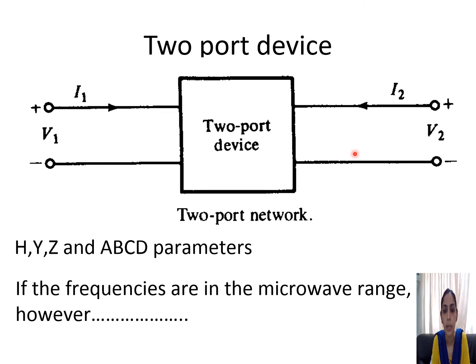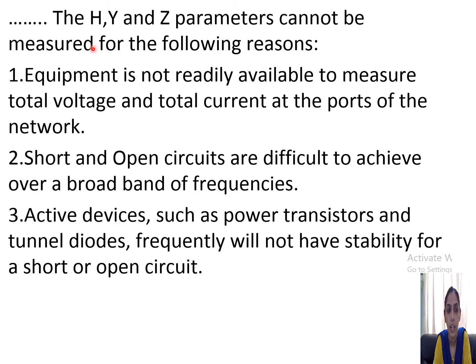This is applicable for lower frequency ranges. When the frequencies are in the range of microwaves, these parameters cannot be applied. The reasons are explained in the upcoming slide. Why H, Y, Z and ABCD parameters cannot be used at microwave frequency ranges is explained with reasons.